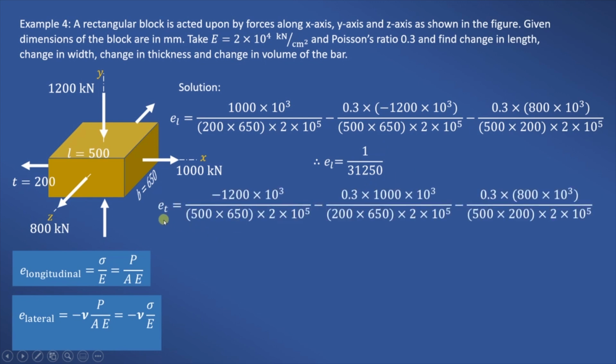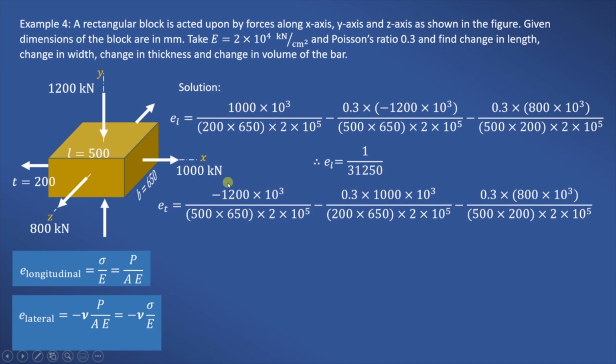Similarly, strain in thickness. Strain in thickness is the vertical dimension, and vertical loading is 1200 kilonewton compression. So because of the 1200 kilonewton load, strain in thickness is longitudinal strain P upon AE, and because of these other two loads, lateral strain mu times P upon AE.